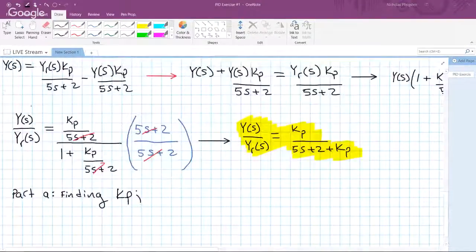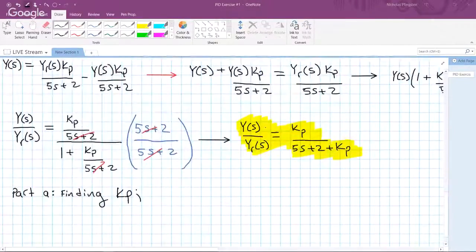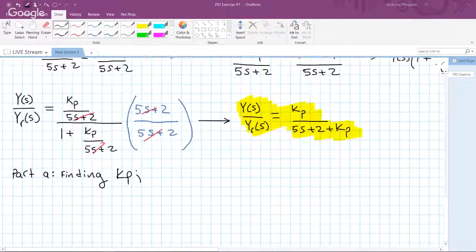Now, just to make a point, we found the closed loop transfer function. And if you notice, once the transfer function is found, we see that it is a first order system with only one pole. And you may be thinking, one pole, what do you mean? Well, if we just called KP, let's say 1, it's going to be 5s plus 3. And we set the denominator to 0. That's when that fraction becomes undefined.